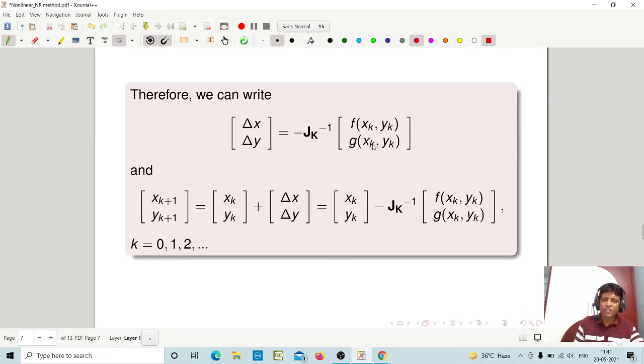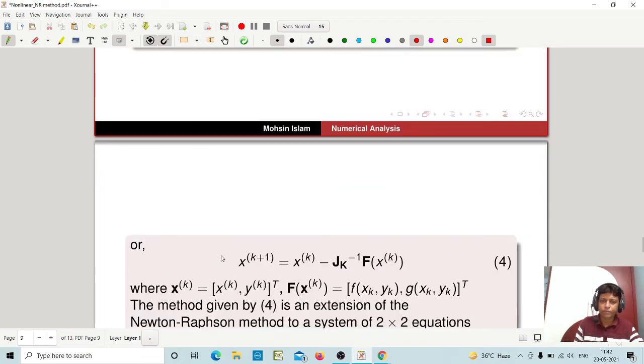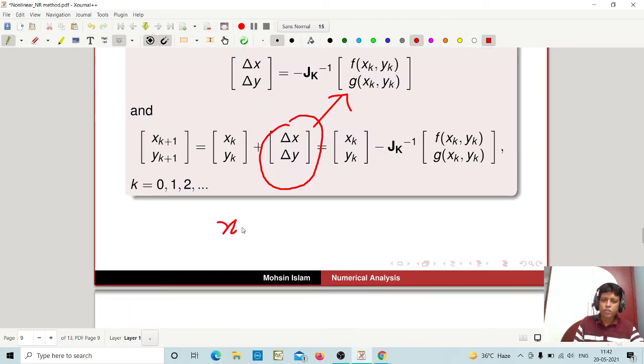Therefore we can write the column x_{k+1}, y_{k+1} as x_k, y_k plus delta x, delta y. You have calculated delta x, delta y here, so you can write this. This is the solution where k equals 0, 1, 2, etcetera, and this is the method, because your x_{k+1} is x_k plus delta x, right?